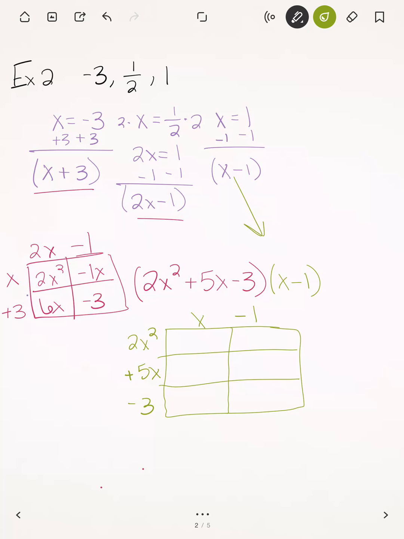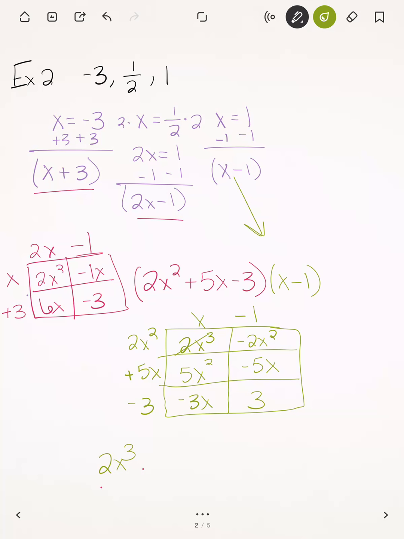Now I multiply. 2x squared times x is 2x cubed. 2x squared times negative 1 is negative 2x squared. 5x times x is 5x squared. 5x times negative 1 is negative 5x. Negative 3 times x is negative 3x. And negative 3 times negative 1 is a positive 3. Again, I combine my like terms. So let's see, I have 2x cubed.